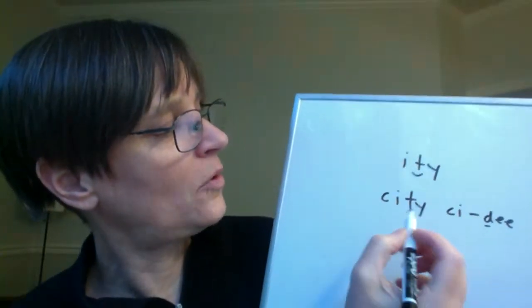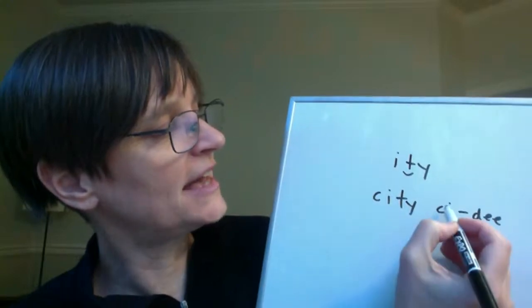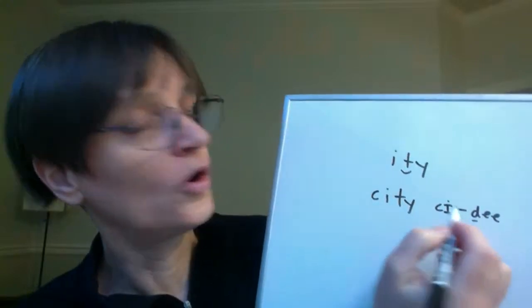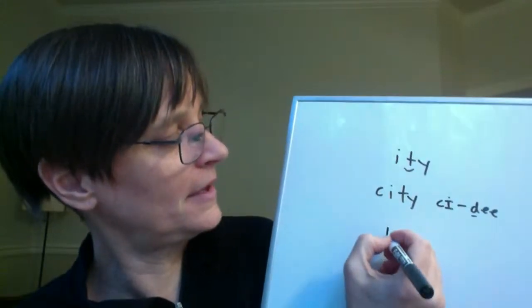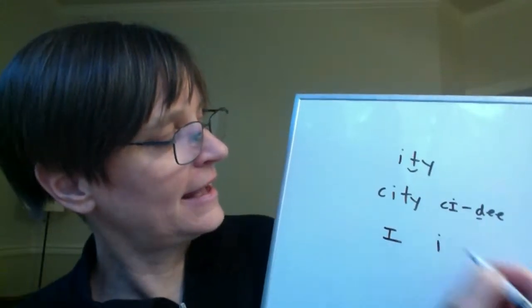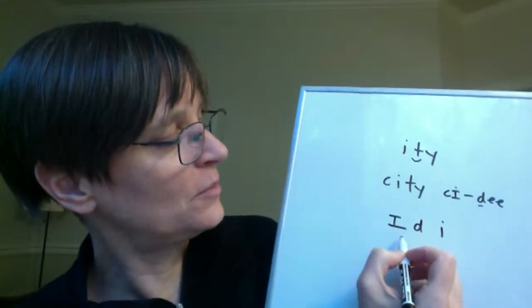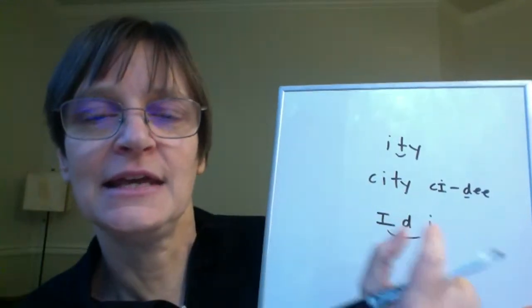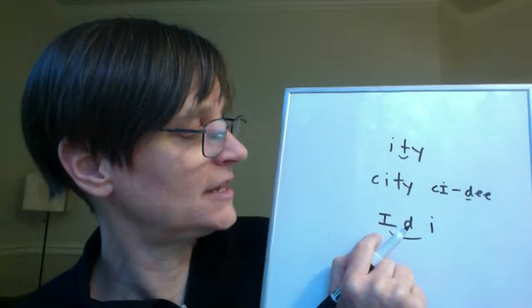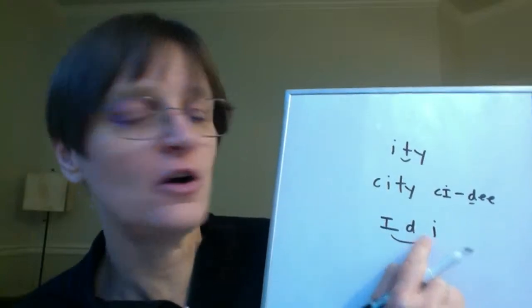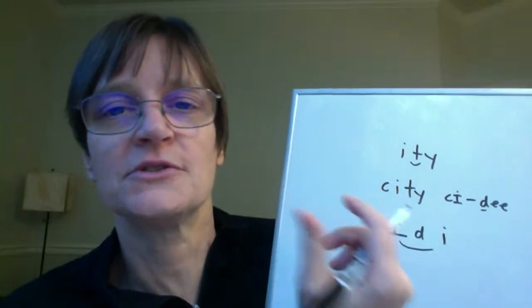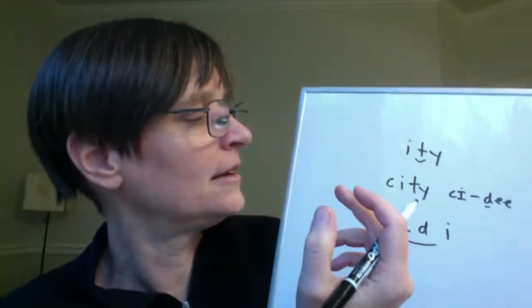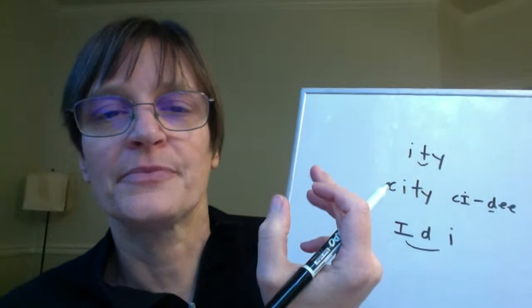The other thing that's challenging is that this is an I vowel and an E vowel. So if you can practice just doing itty, itty, going from the lax I vowel to the tense E vowel with a flap in between, that's going to help you on many, many of these words. So city, priority, quality, possibility.